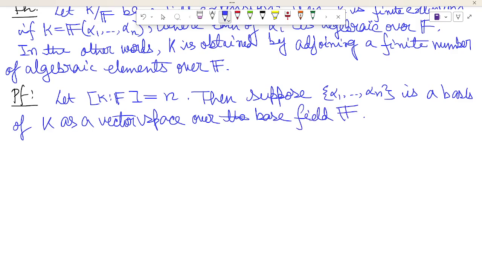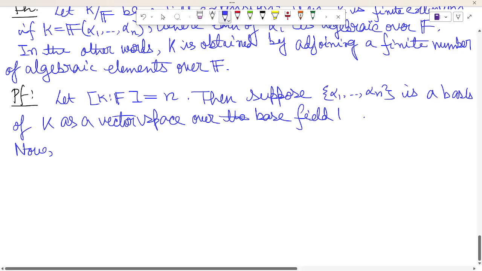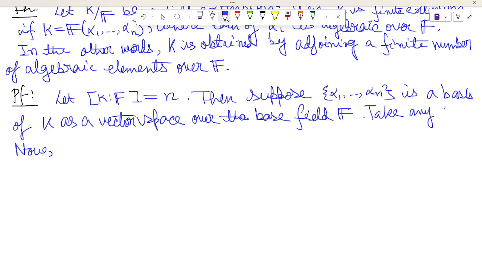Again, I will use Tower law here. This is F. Take any alpha i.